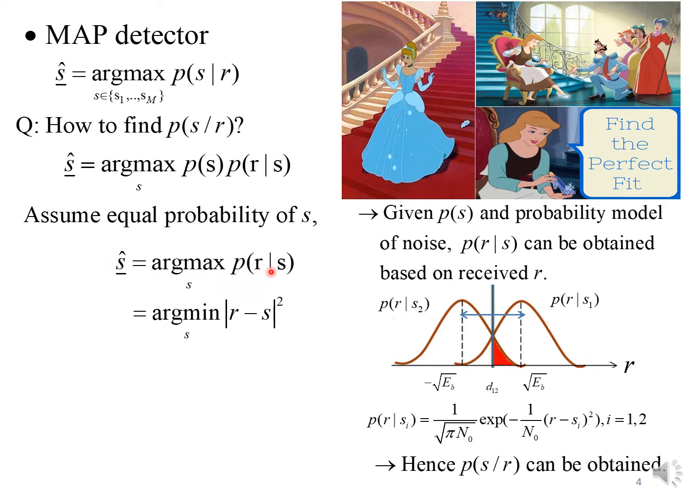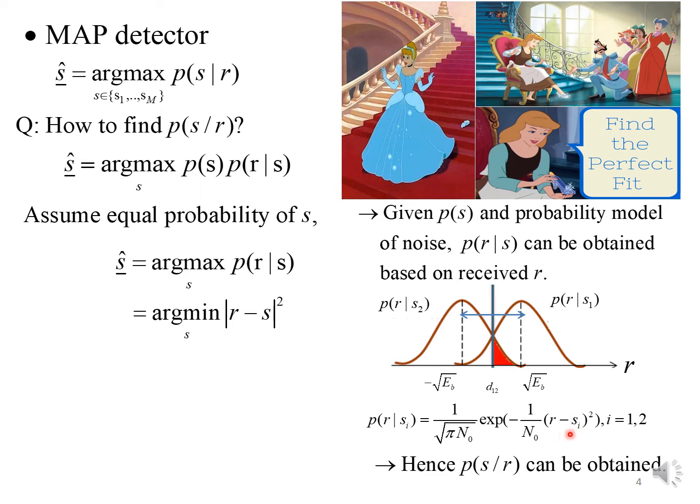Also, because the noise is Gaussian distributed, this conditional probability can be reformatted by taking the log likelihood function and the distance of R and Si.